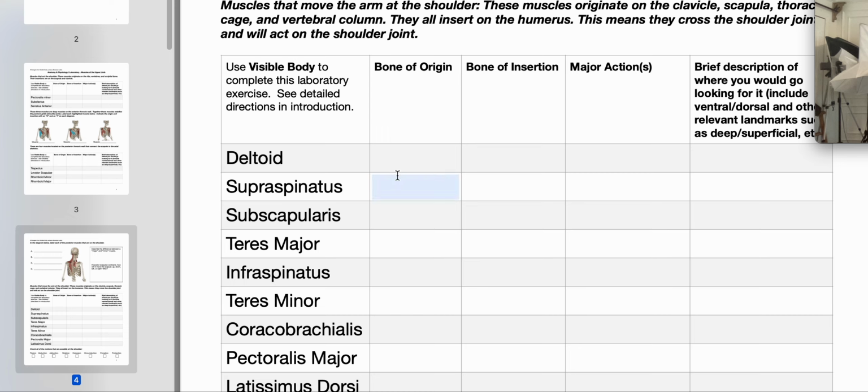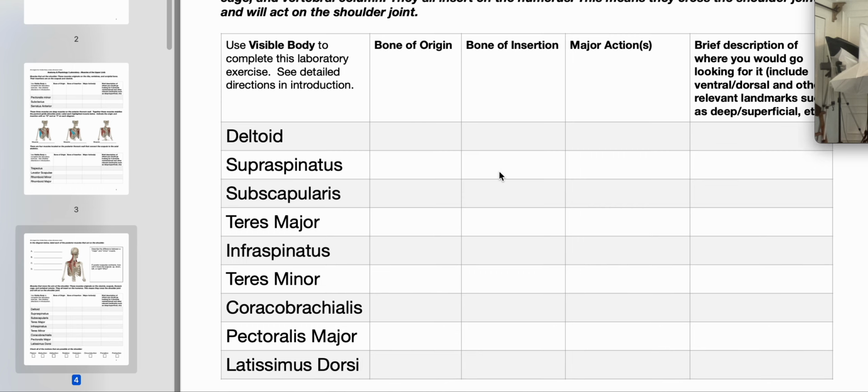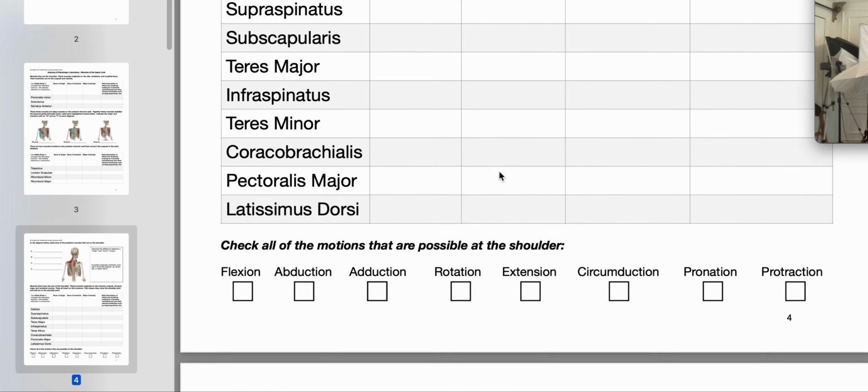You absolutely can complete the origin and insertion, and for some students that's very helpful for understanding how to recognize the muscle and what it might do. But for some students, it just clogs up their neurons even more and makes it harder to remember. So you have to figure out what works best for you.